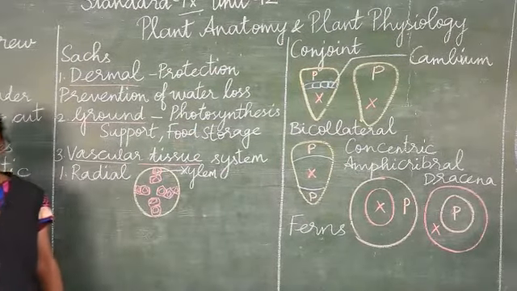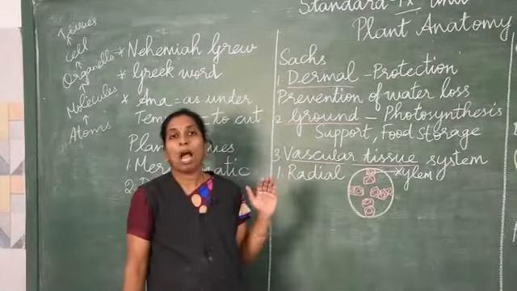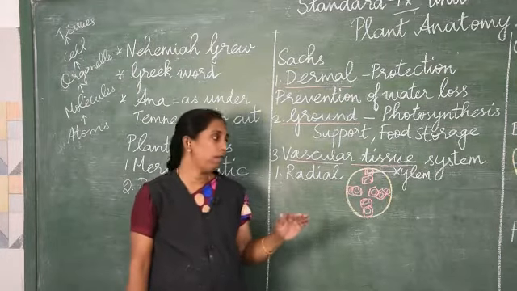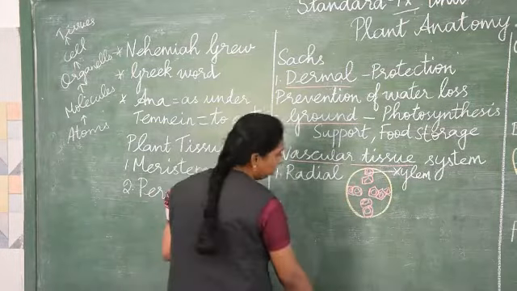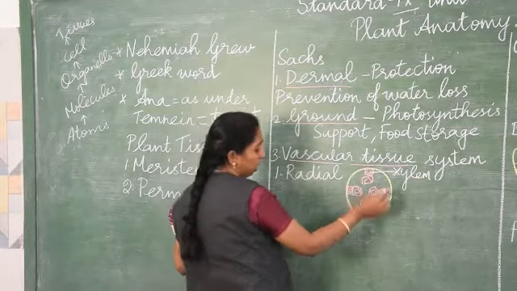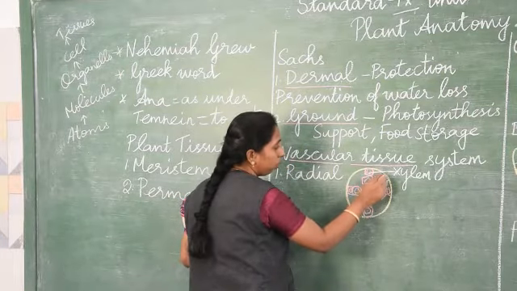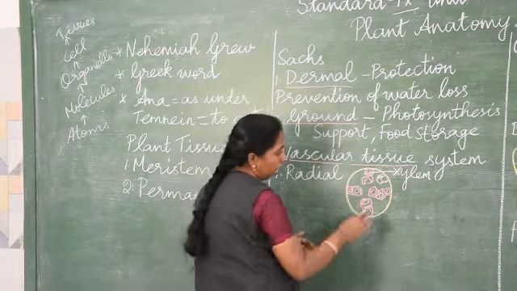So first we will see what the vascular tissue system is. The vascular tissue system includes xylem and phloem. Here is the structure of xylem and phloem.